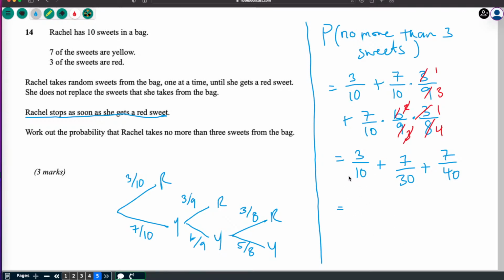So this will be multiplied by 12, so that's 36 over 120. Then 30 times 4 is 120, so that'll be 28 over 120. And the last one, what's that going to be? Multiplied by 3. 40 times 3 is 120. 7 times 3 is 21 over 120.